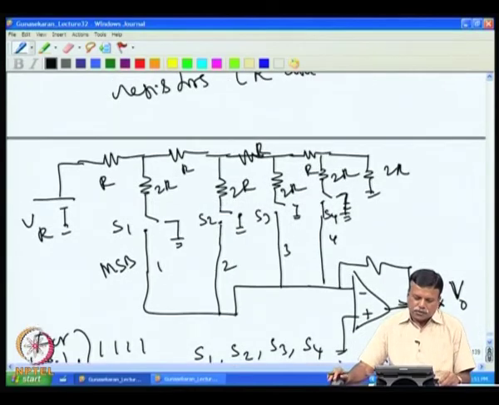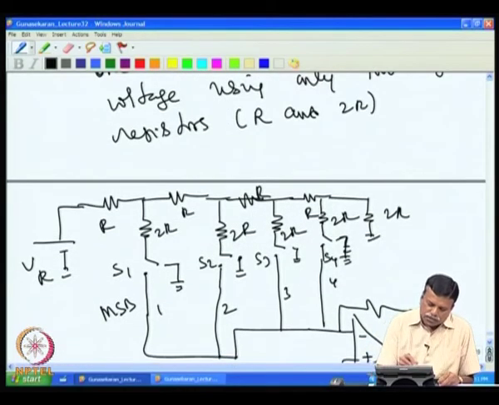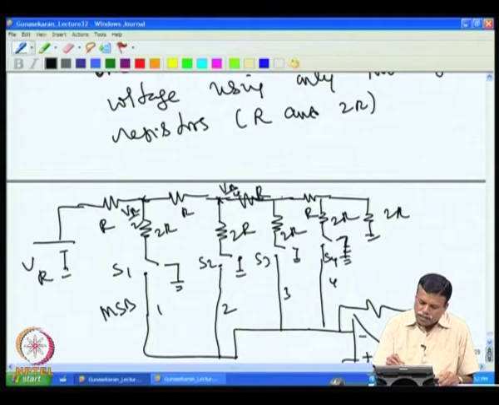If you look at the current through each one, the voltage will be VR by 2, VR by 4, VR by 8 and VR by 16.